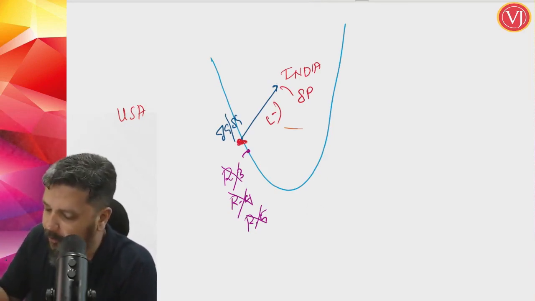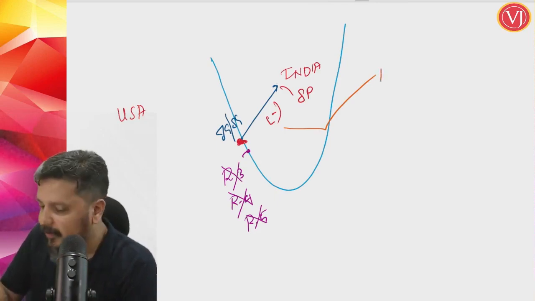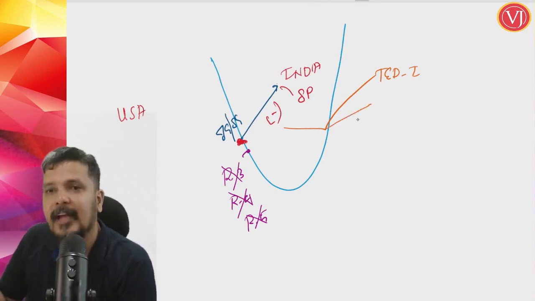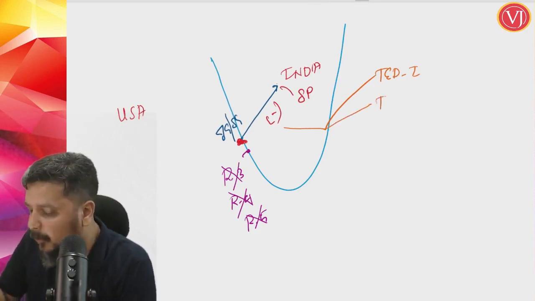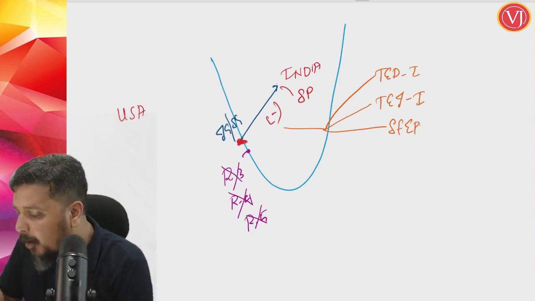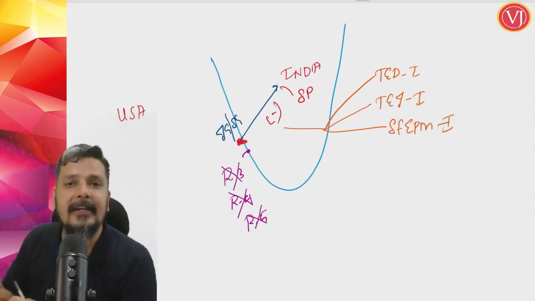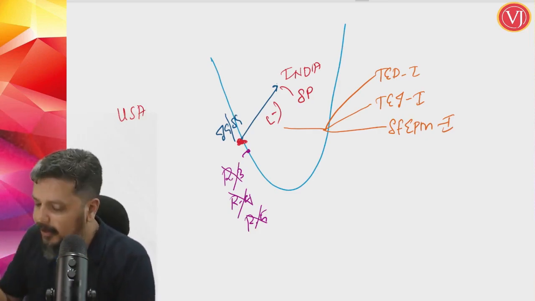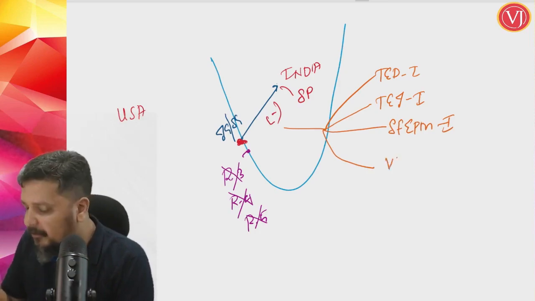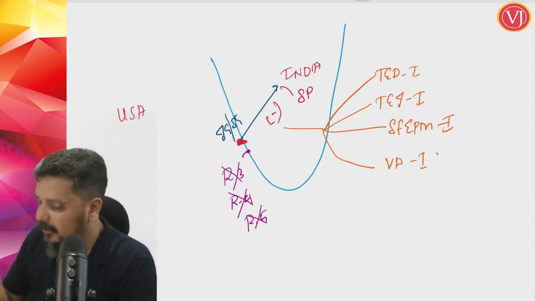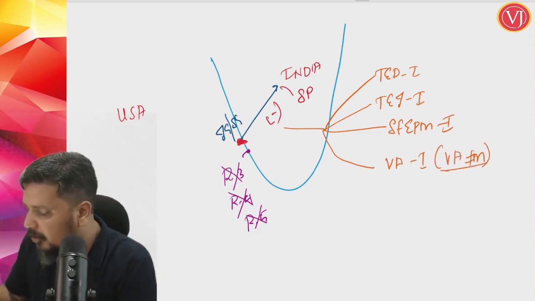Now please tell me what all will have happened in India. There would be taxes and duties in India. Remove it. There would be transportation and insurance in India. Remove it. There would be selling expenses and profit margin of those people in India. Remove it. At times, there will be some value addition in India. This person would have changed the packaging. Value addition should not amount to manufacture.